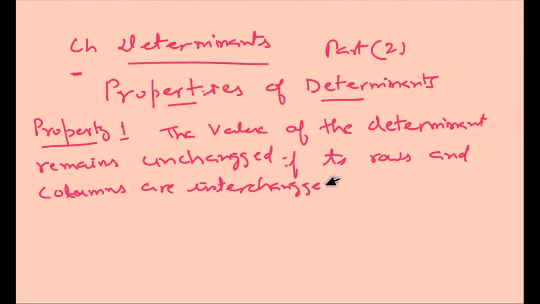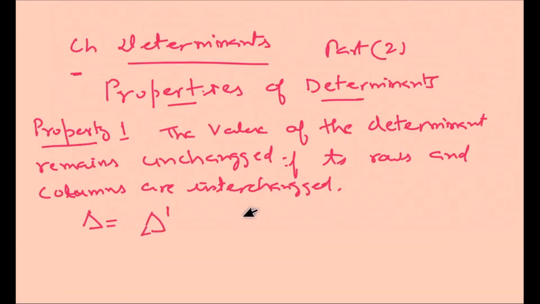Can you understand what I have written here? In matrices I have already told you about the transpose. What is the transpose? When you interchange the rows and the columns, that is the transpose. Here delta is equal to delta dash. What is the dash?